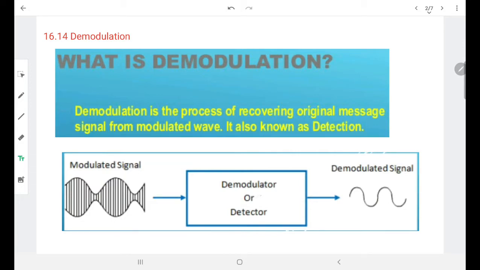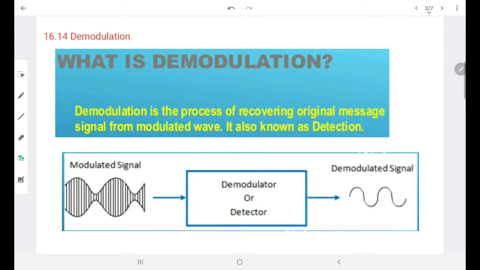The demodulator or detector extracts the original message signal from the modulated wave, and this process of recovering the audio signal from the modulated wave is known as demodulation or detection. The demodulated wave contains only the required audio signal.